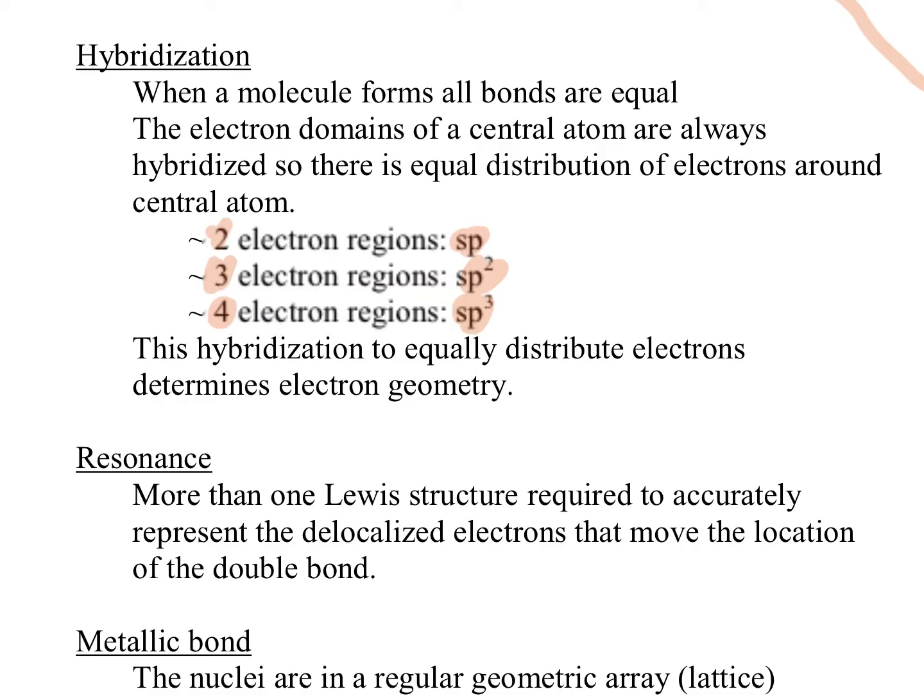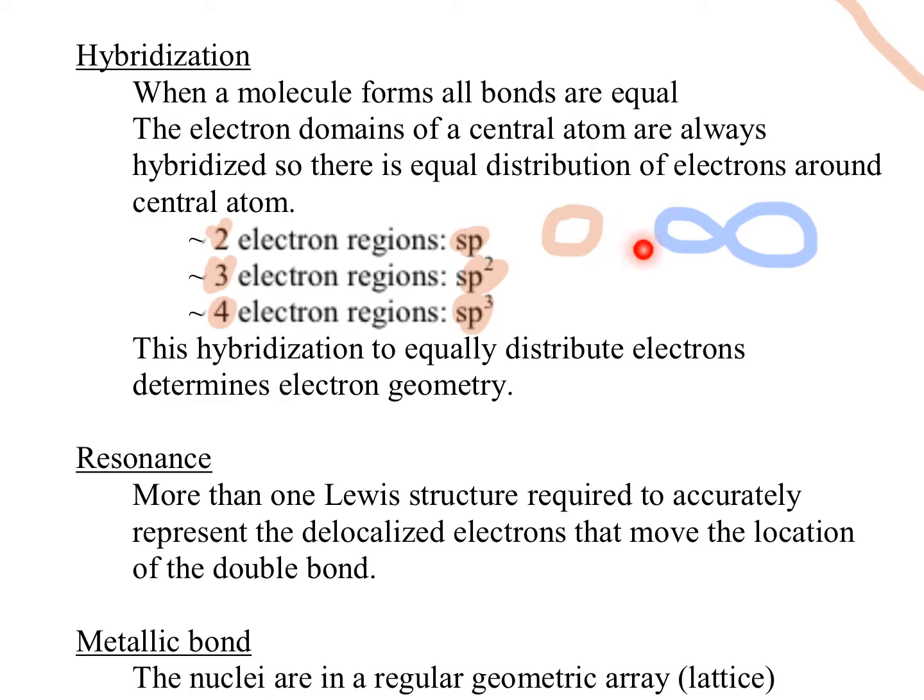So, if I have an S and I have a P, well, a bond here is going to be a lot closer to the nucleus than a bond here. And then since all the electrons and all the atoms around the central atom have to be equally distributed, I can't bond to the S and to the P and create this equal distribution of electrons around the central atom.